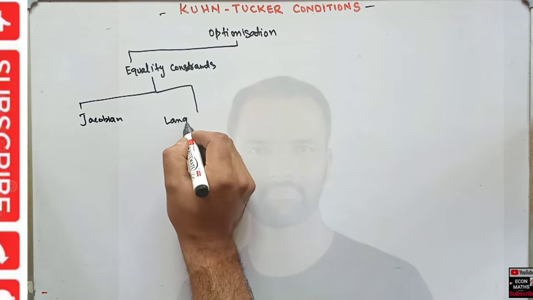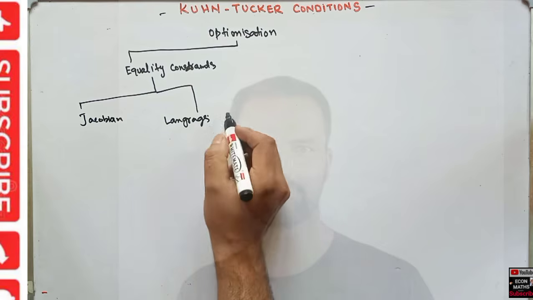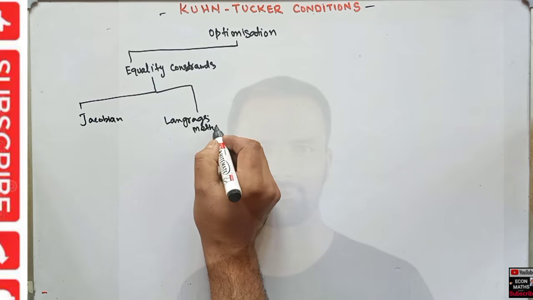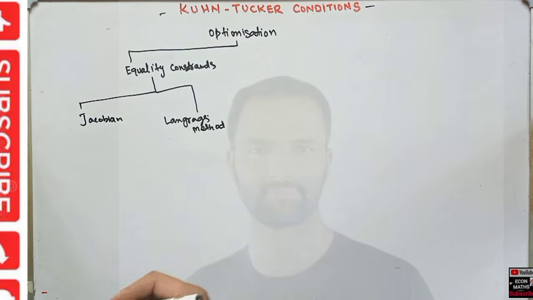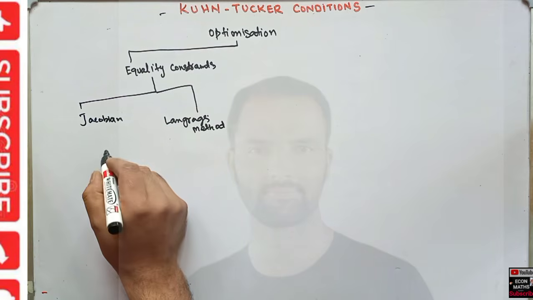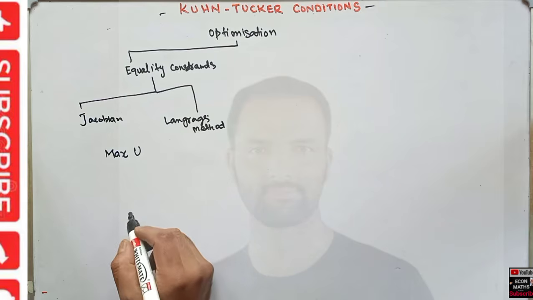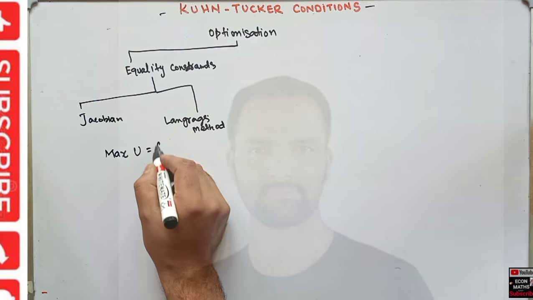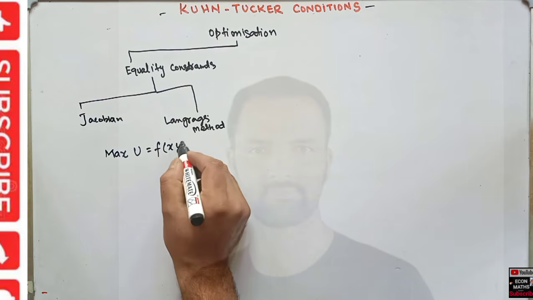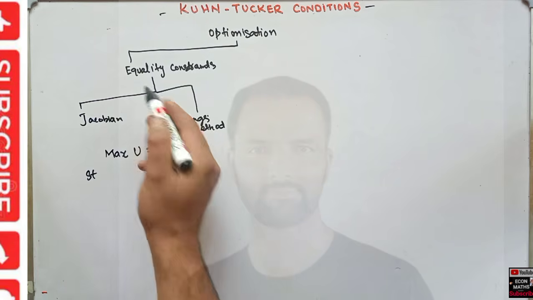Okay, Lagrange's method. But what does this mean? Optimization can be that we want to maximize our utility, which is a function of two goods, subject to our equality constraint.